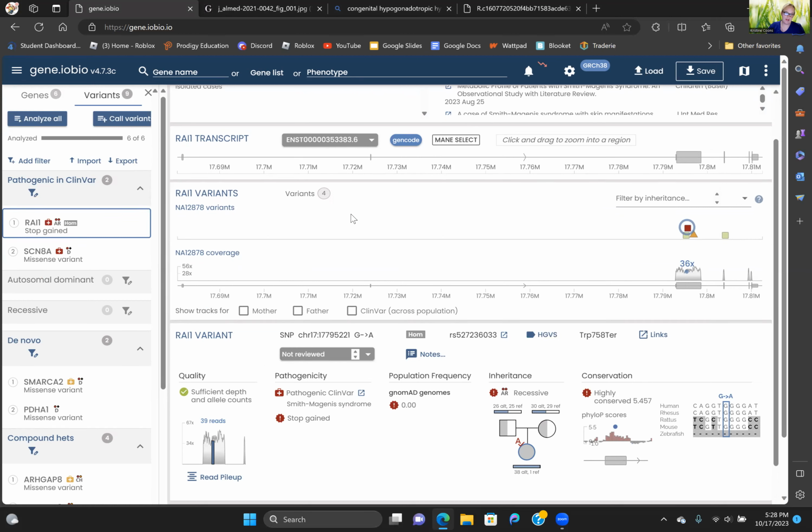This one, for example, RAI1, is known pathogenic in ClinVar. ClinVar is another database that allows us to collect all of these variations and say this one has an effect, this one doesn't have an effect. So it allows us to collect more and more data together to piece together what these all mean.